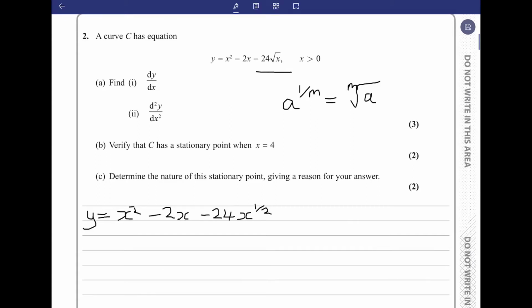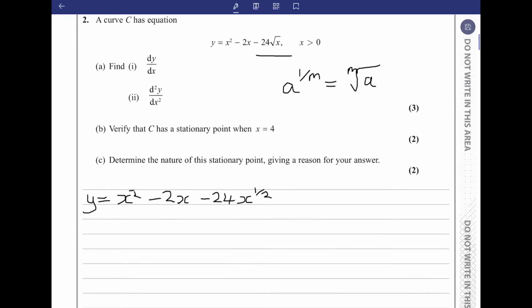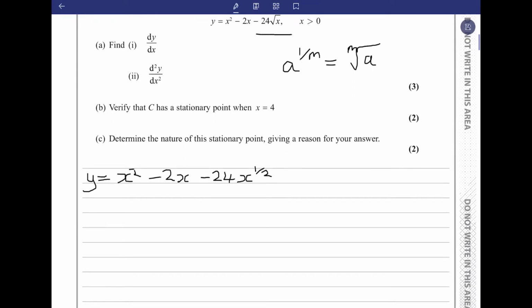Now we can see this expression for y is easy to differentiate. We just use the normal rule, which I'll write here. x to the n differentiates to n x to the n minus 1. So that's the basic rule for differentiation. Let's do that here.